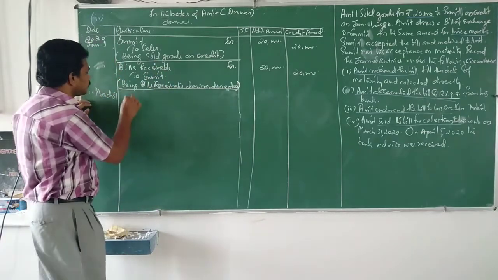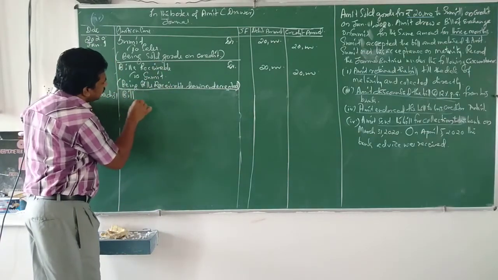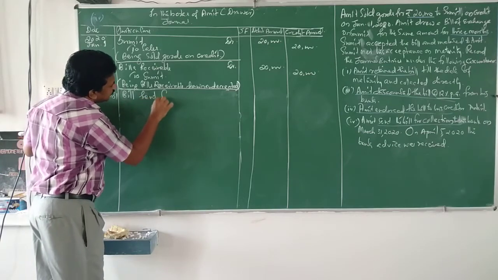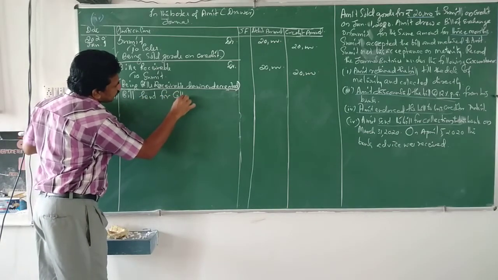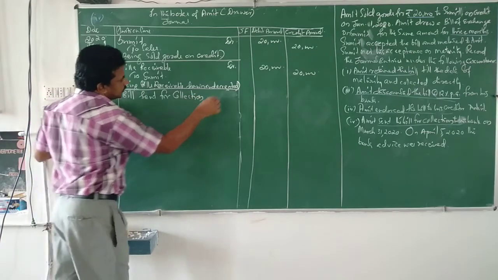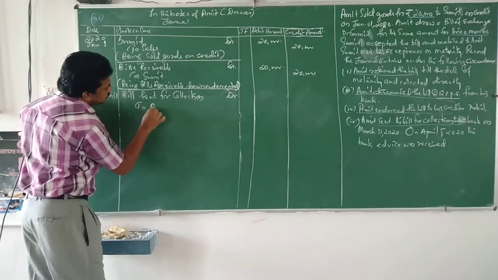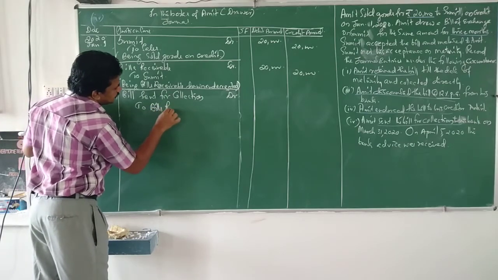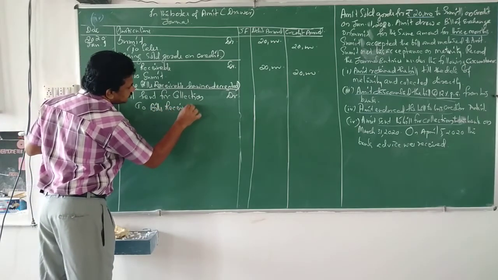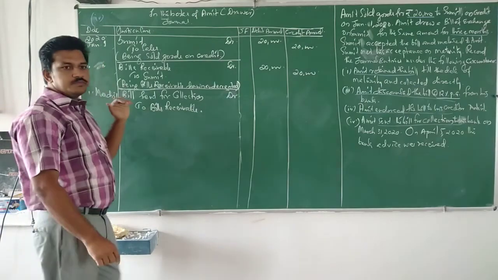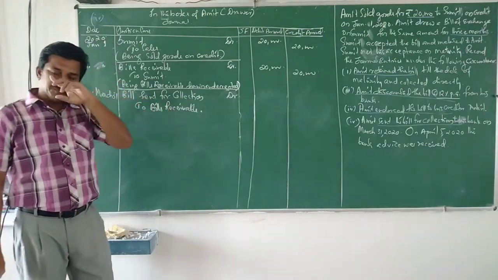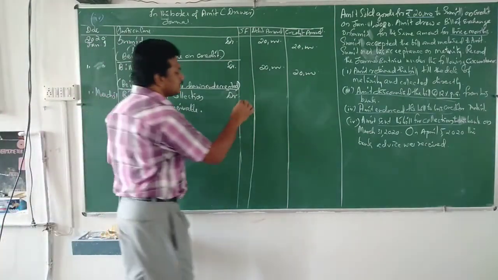So we will write the journal entry: bill sent for collection debit to bills receivable. Amount 20,000.